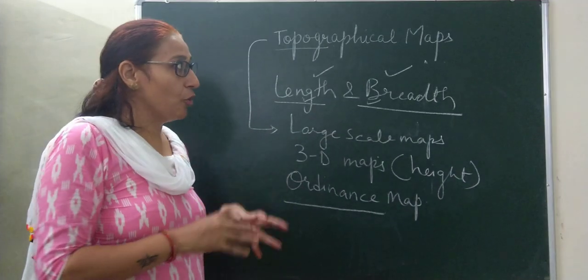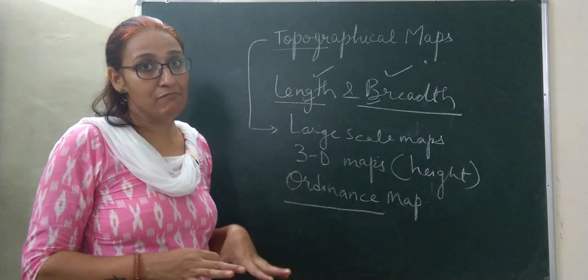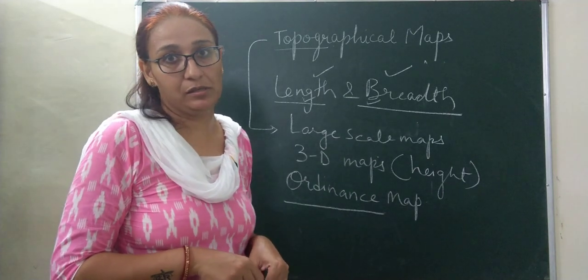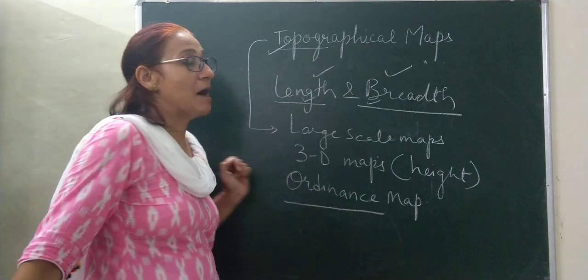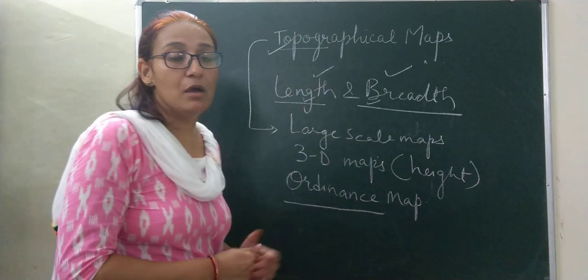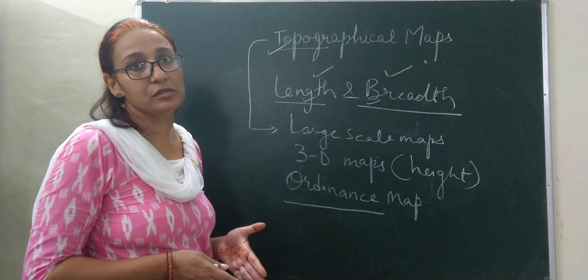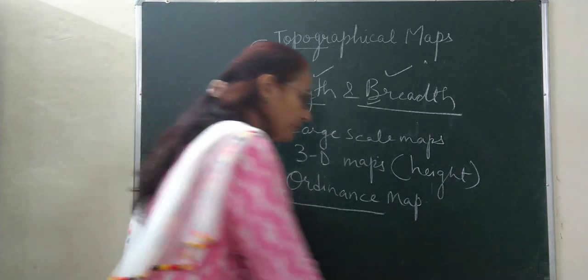Military groups were the first to use topographical maps to find out the position of enemies. Another feature of topographical maps is that they show man-made features as well as natural features. So this is about topographical maps.